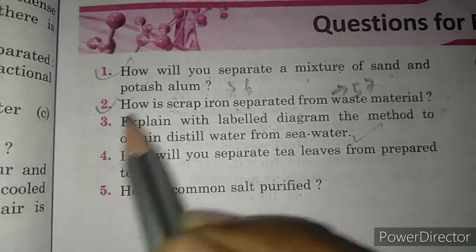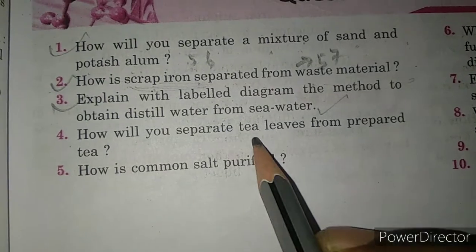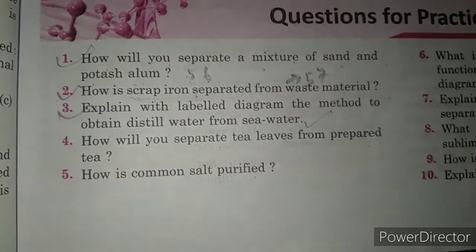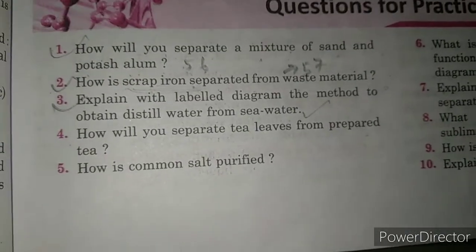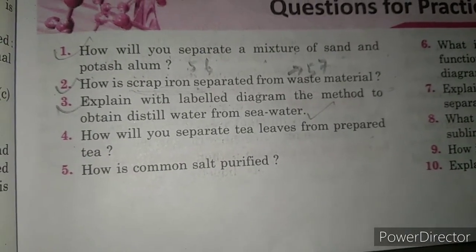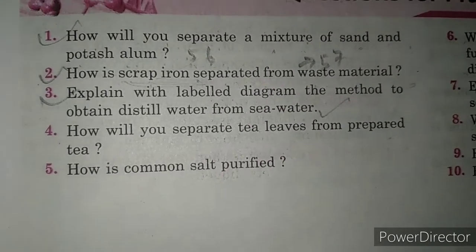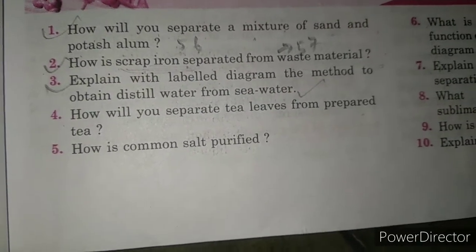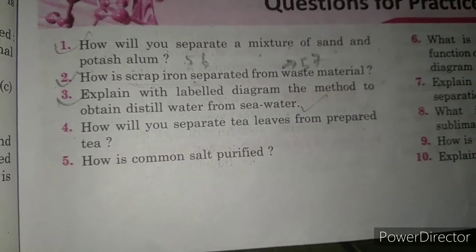After that, our next question is, how will you separate tea leaves from prepared tea? Then you all know that we use filtration method for separation of the tea leaves from the prepared tea. So you can easily write in your own words that using filtration method we can separate tea leaves from the prepared tea.